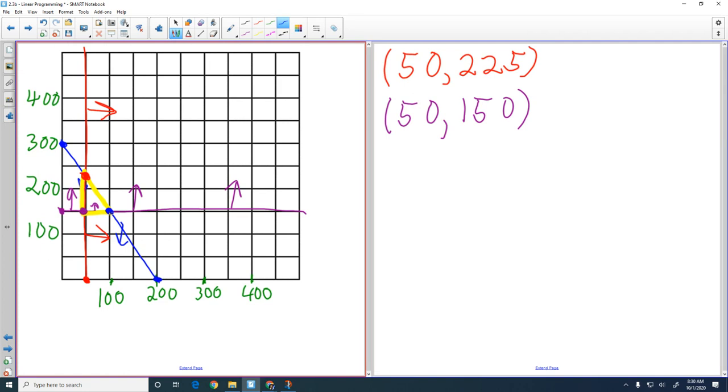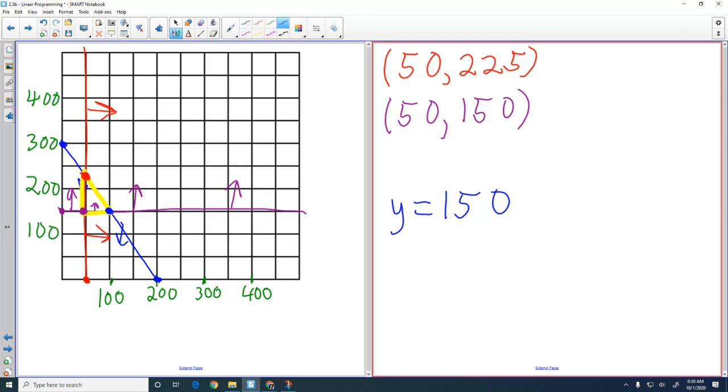And then we've got this bottom right corner. We need to figure out that coordinate also. And so the equations of those two lines, we need to find their intersection point. So let's write those equations out. We've got y equals 150 is that horizontal line.